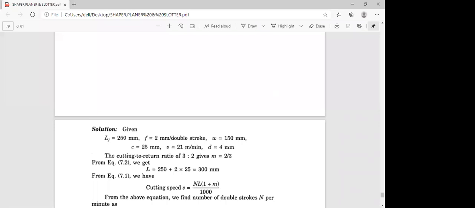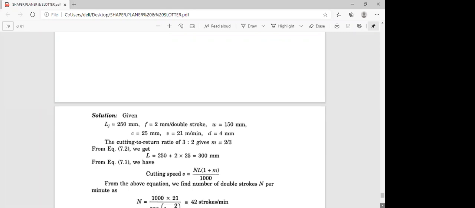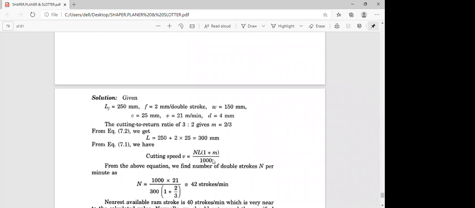So what is L? Length of stroke, length of the job plus twice the clearance, clearance 25. So that you have to take. So what is the cutting speed? If the cutting speed and some parameters are not given, you have to follow them here. The what is n?